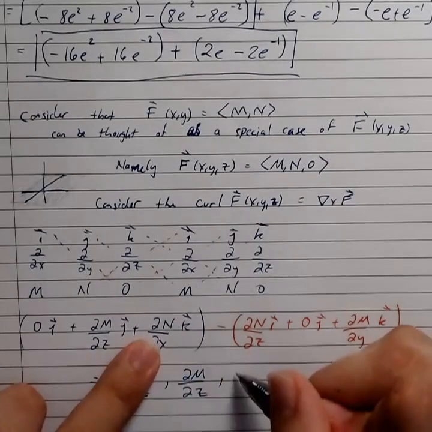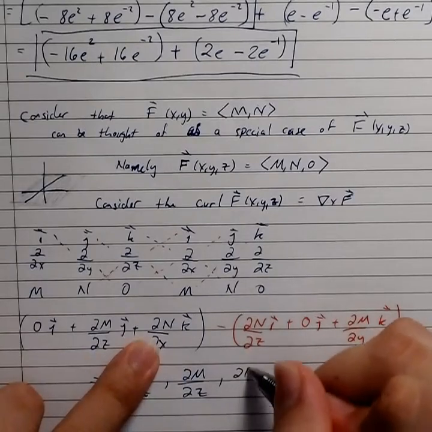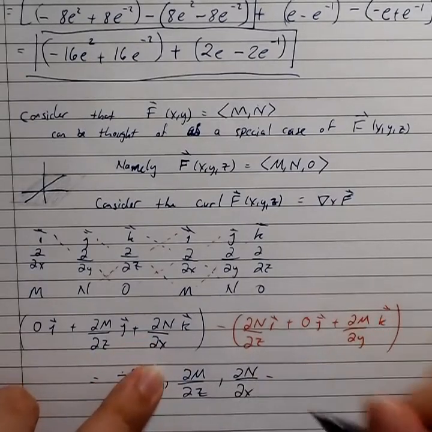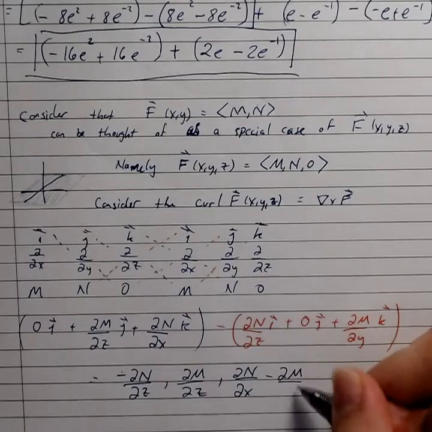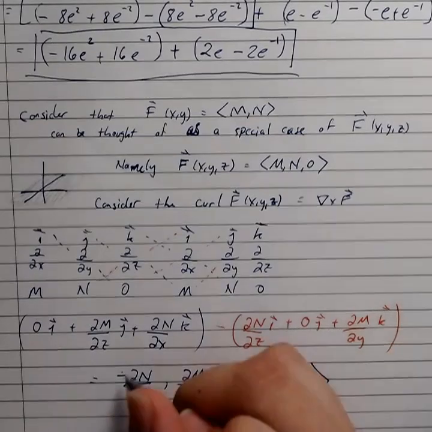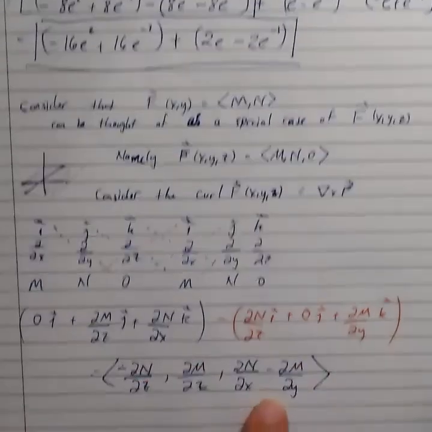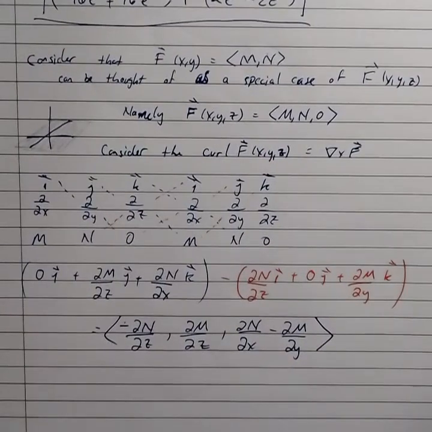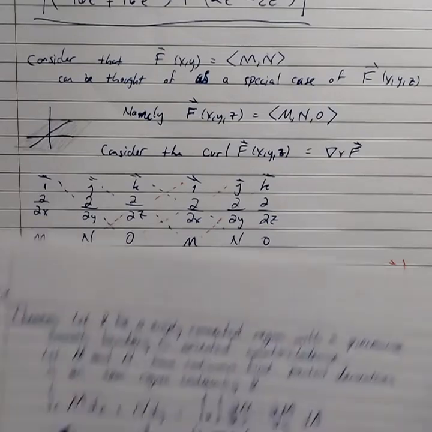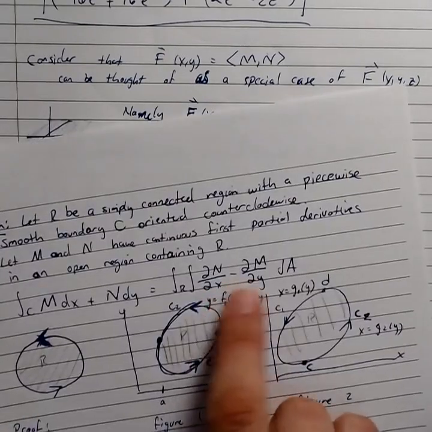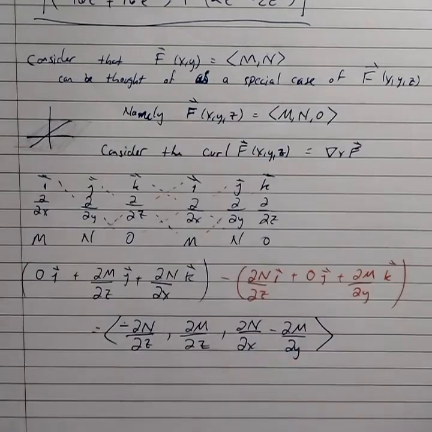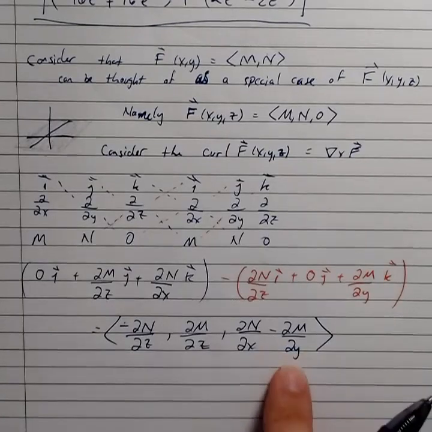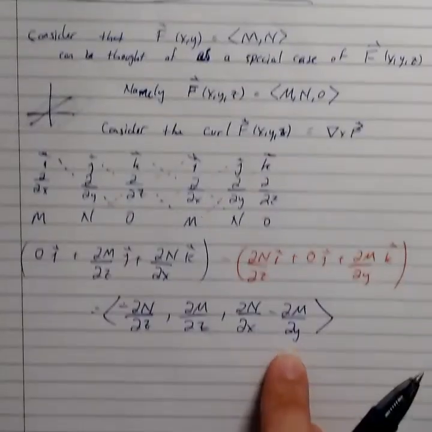And then for my third component, del n del x minus del m del y, which you'll recognize as being the integrand of the double integral given by Green's theorem. So that third component is the integrand that I want.